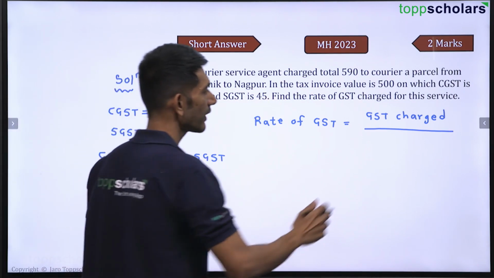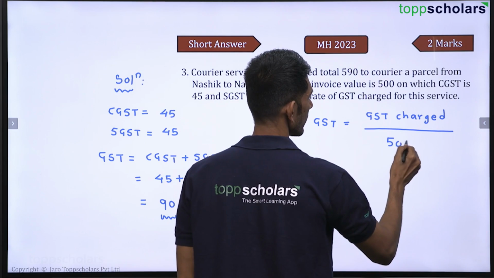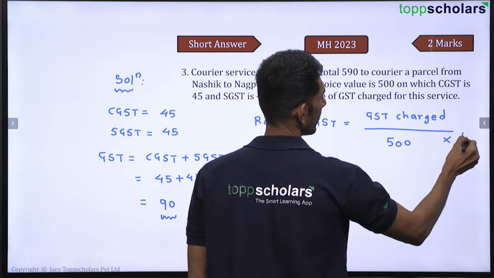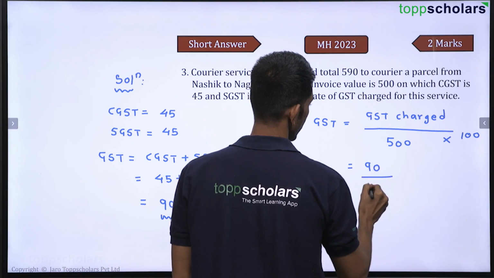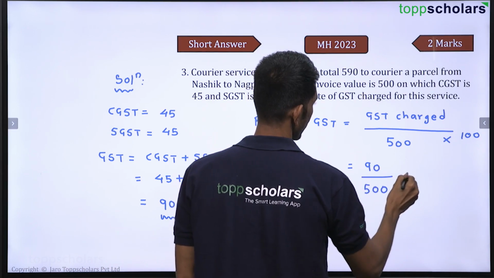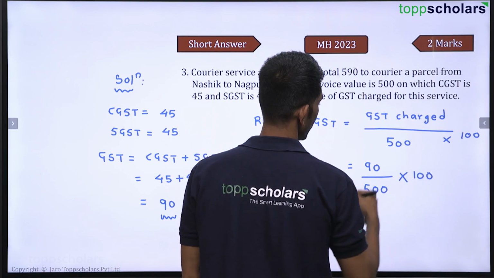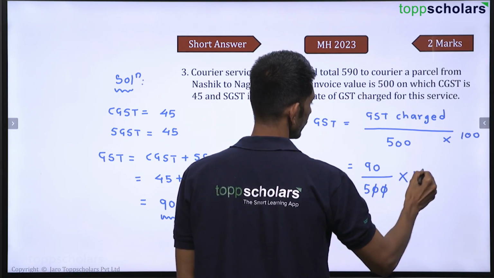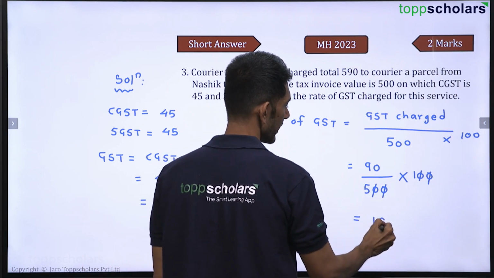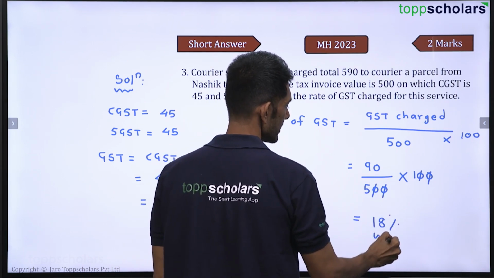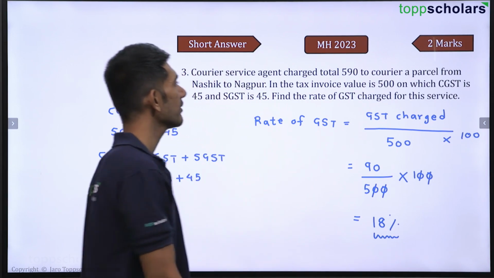The value of the good is 500, multiplied by 100. So that gives you 90 by 500 multiplied by 100. So two zeros get cancelled. 90 divided by 5 is 18. So the GST charged is 18%.